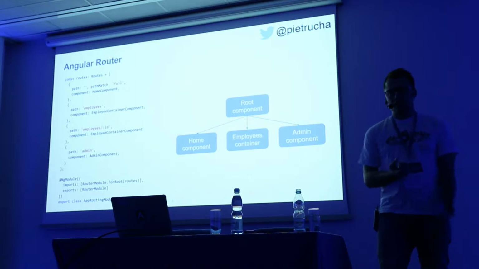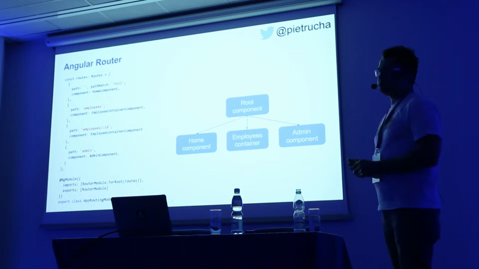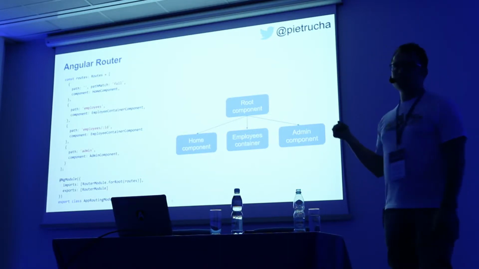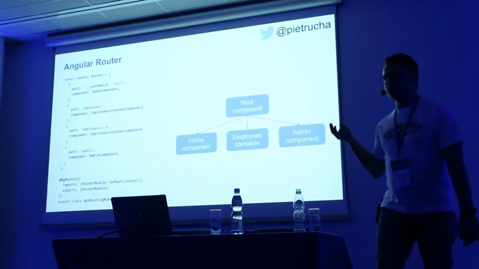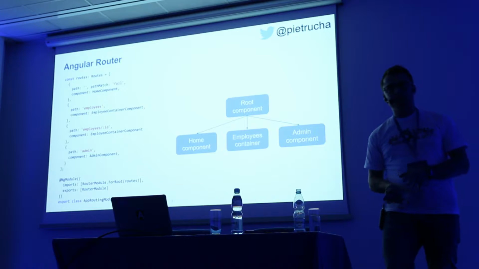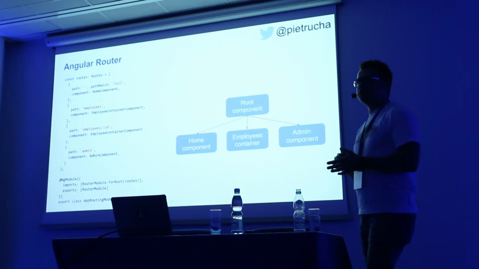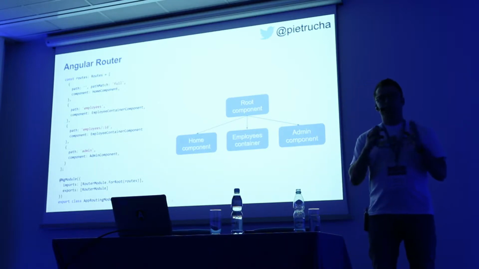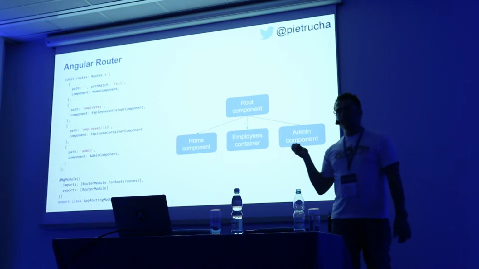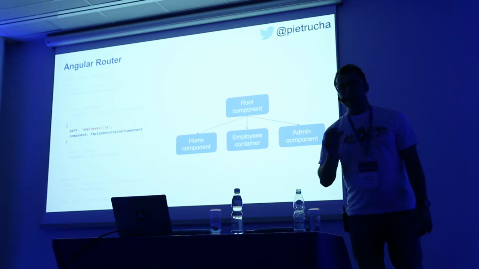So how do we actually configure Angular router and routing? The most important thing is the configuration. Imagine that we have an application which has, of course, a root component, and there are some sub-components like home component, employees component, admin component, and so on. We would like to attach those components, which are going to be presented on some part of the screen, to a particular application route. How do we do this? Basically, the configuration is very simple.